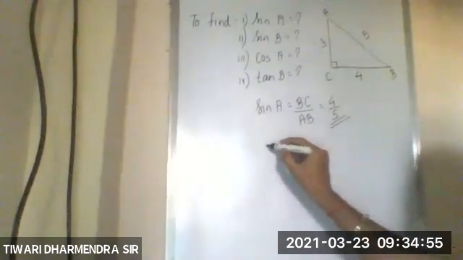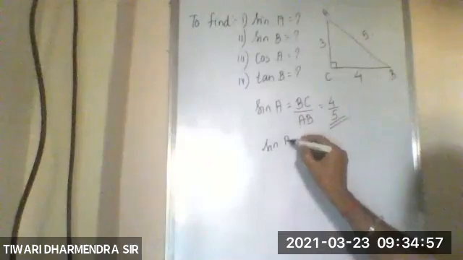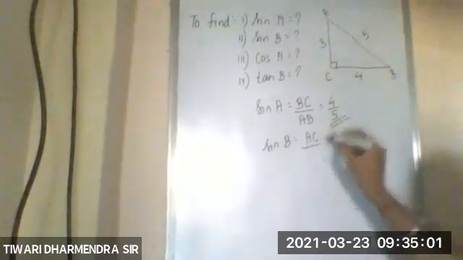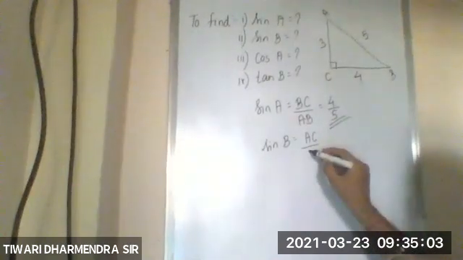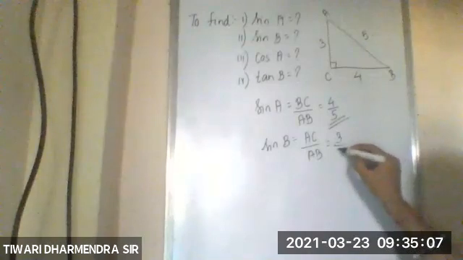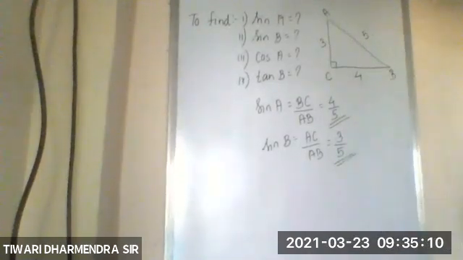Next is sine B. Opposite to B, AC upon hypotenuse, that is AB, which is fixed. AC is 3. 3 divided by 5 is the answer.